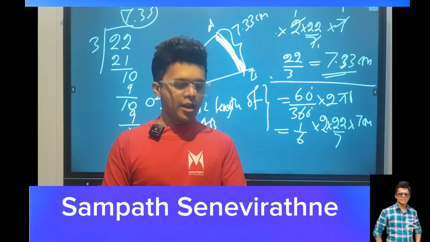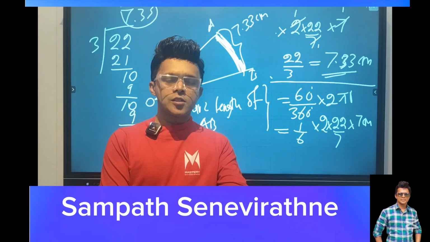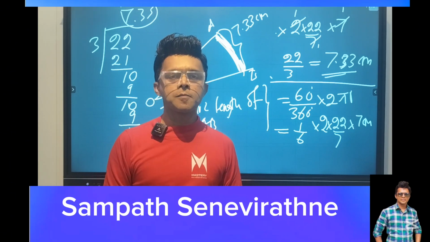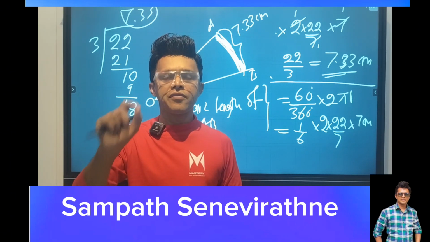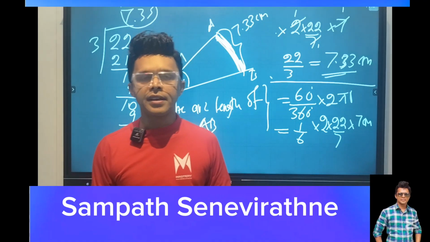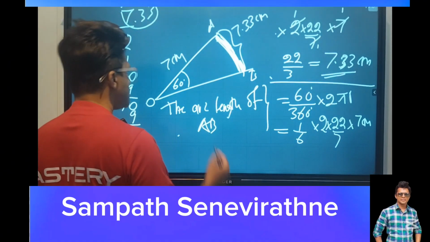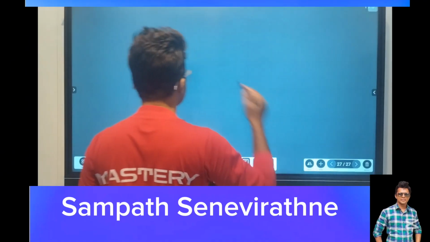Therefore, simplify these types of expressions properly. To become an expert, you need to do different sums. So this is the arc length of AB.